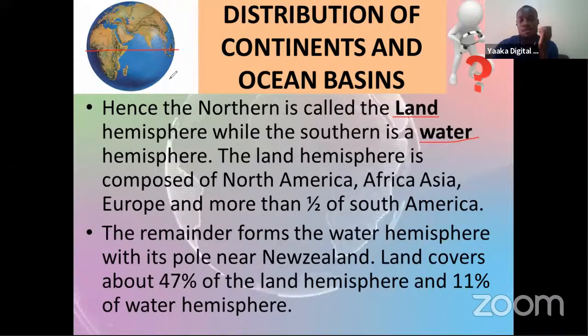Then the northern hemisphere has a larger area in regards to the percentage of land. The southern hemisphere has less percentage of land coverage. And so we conclude that the northern hemisphere is the land hemisphere, then the southern is the water hemisphere, because too much water is in the southern hemisphere.